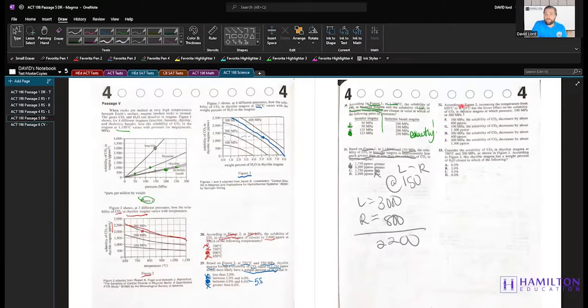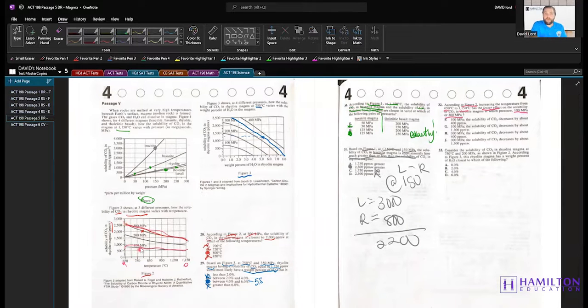Question number 32. According to figure 2, increasing the temperature from 650 to 1150 has the lesser effect on the solubility of CO2 in rhyolite magma at which pressure, 100 or 300? All right, so we're going from 650 to 1150, and we're comparing the 100 and the 300.